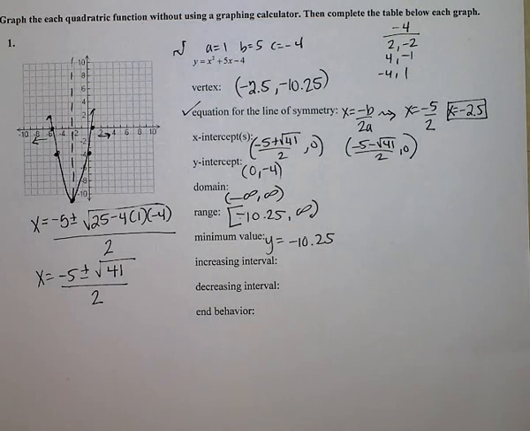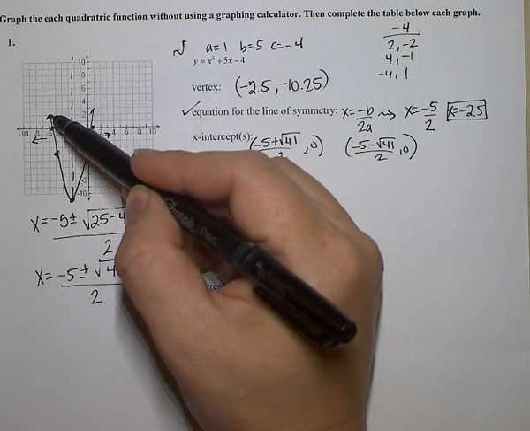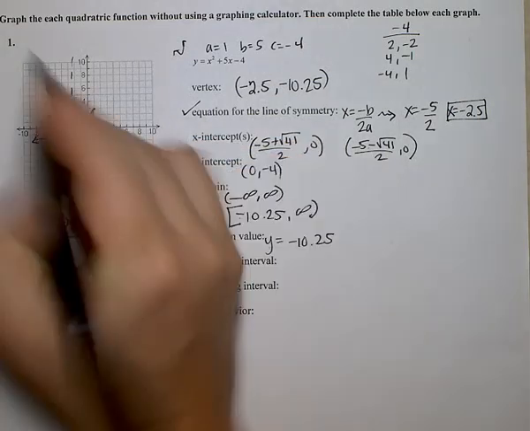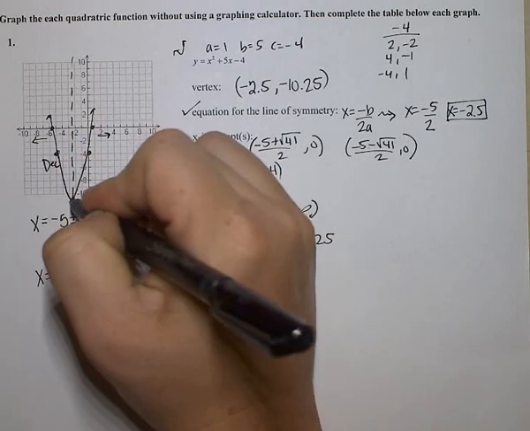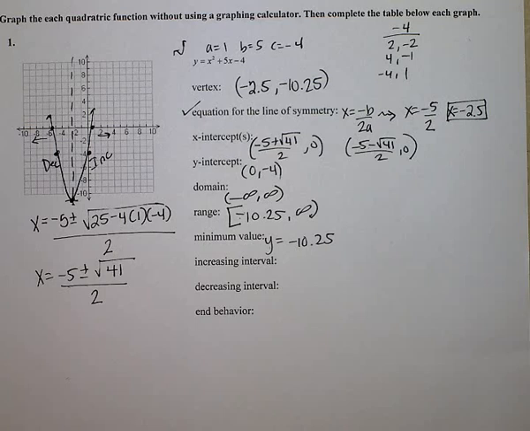If you were going to take a bicycle and start here and end here, you'd say you're going downhill, downhill, downhill, so decreasing. Then at this point you're neutral, and then you begin to go uphill, so you are increasing. As a reminder, increasing and decreasing intervals only use parentheses. So I use parentheses here.